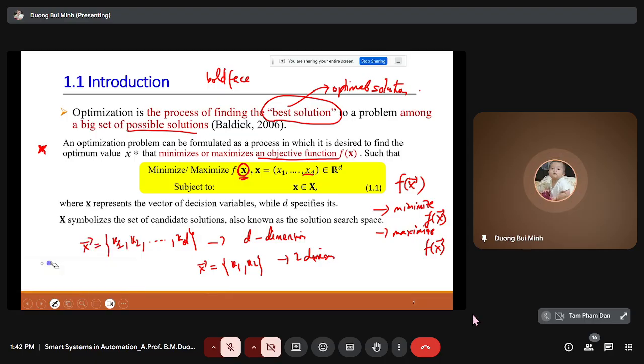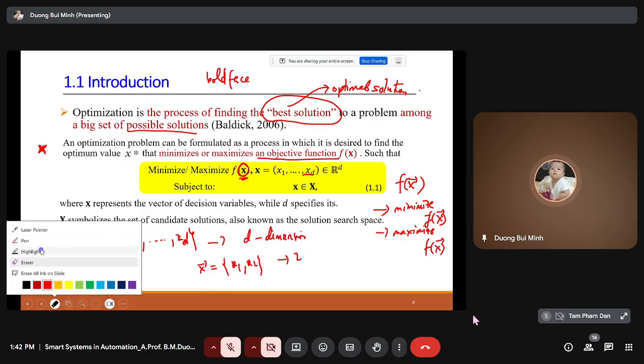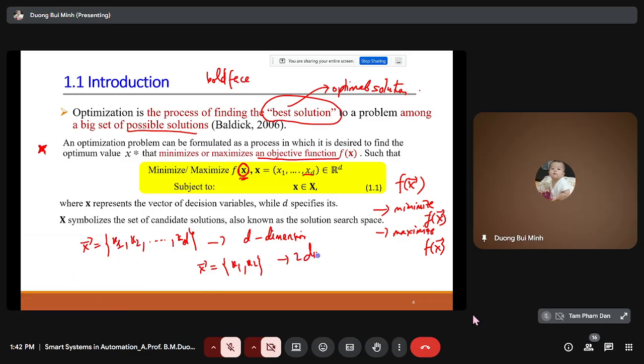What does dimension mean? Two dimensions means we have x and y, or we say here is x1, here is x2. How many elements means how many dimensions.